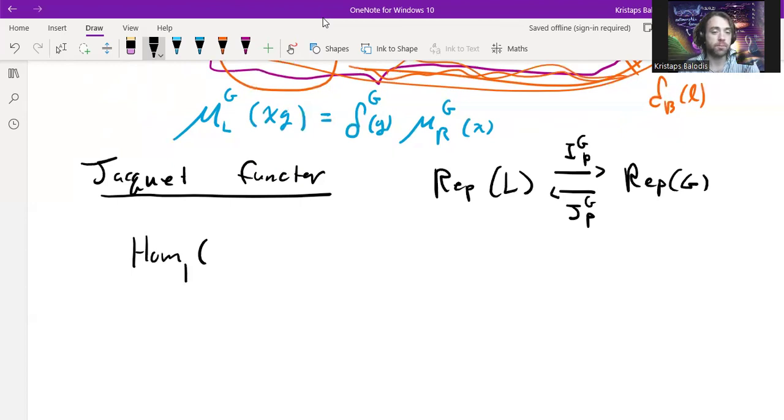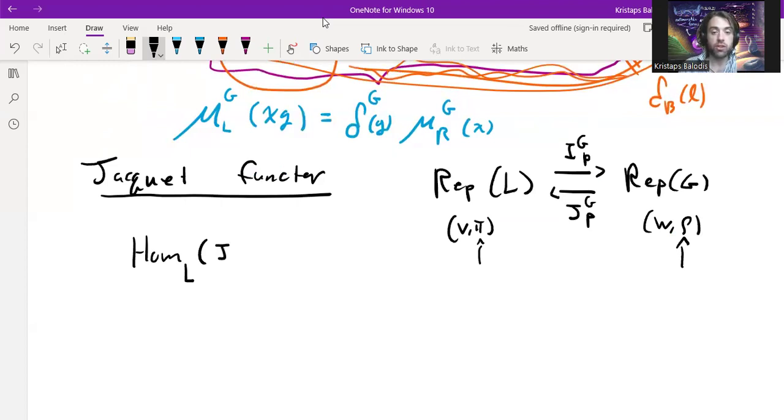So this will be homomorphisms. Let me set this up. So pi, V lives over here. W, rho lives over here, and abusively I'll just refer to these representations by the homomorphism.